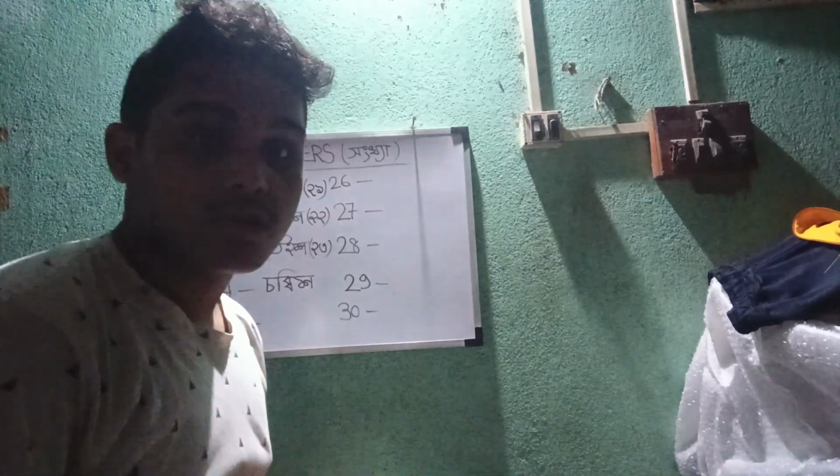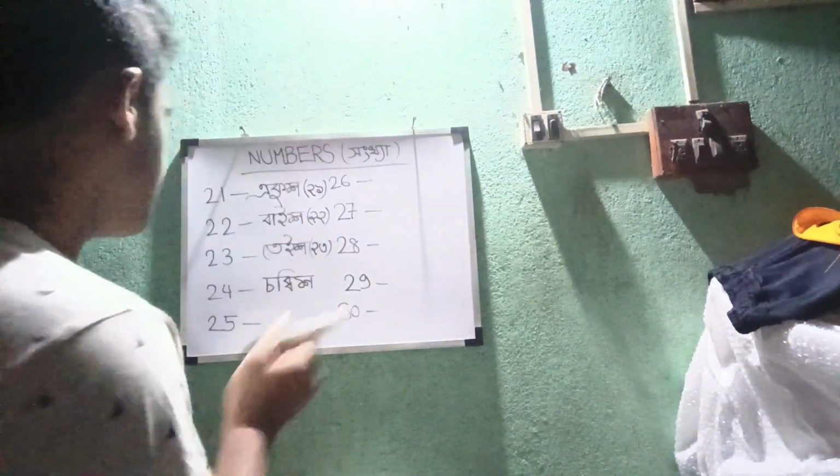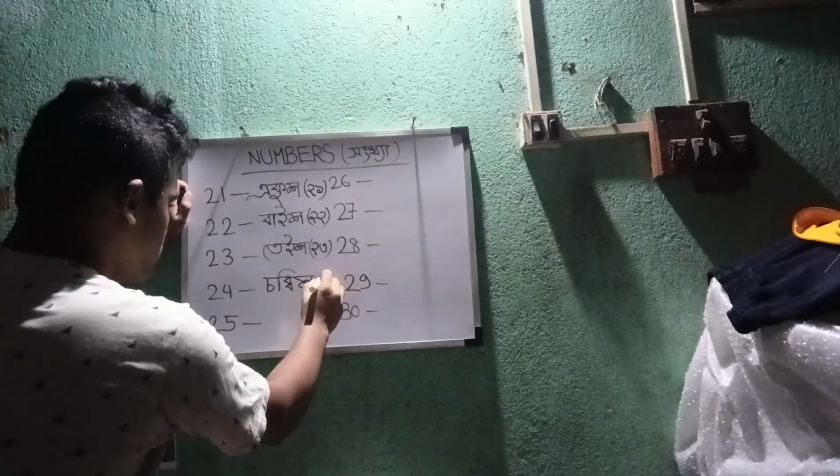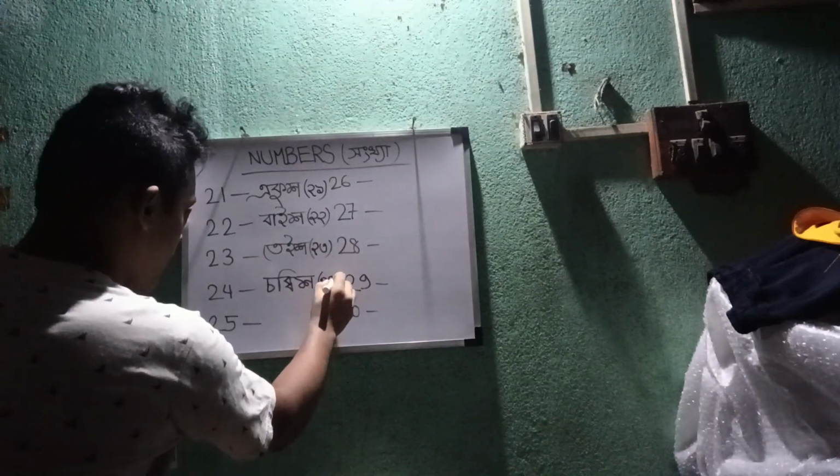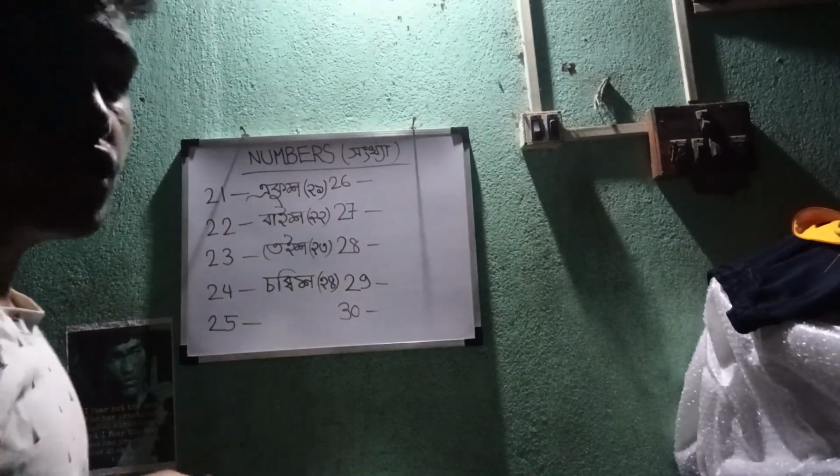So 24 means chobbish. How can we write chobbish? 2 and then 4 is chobbish.